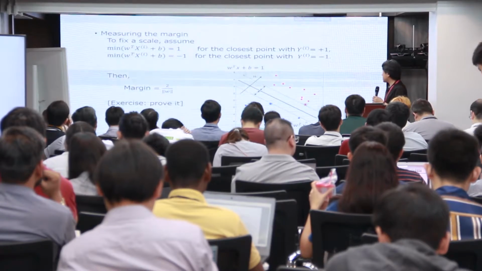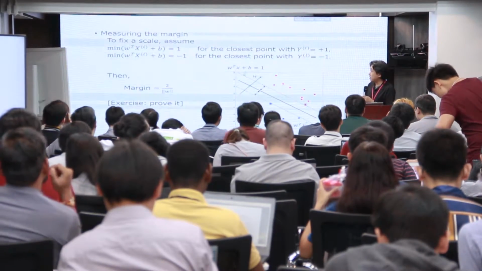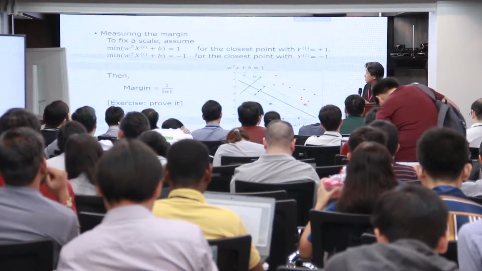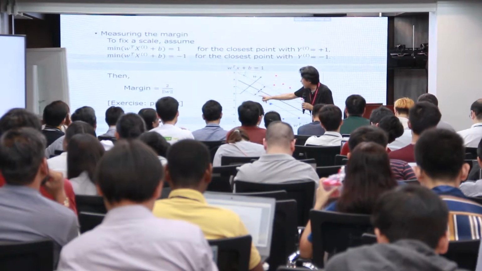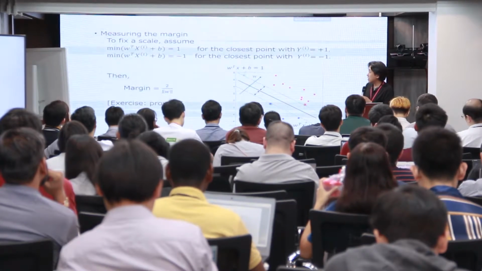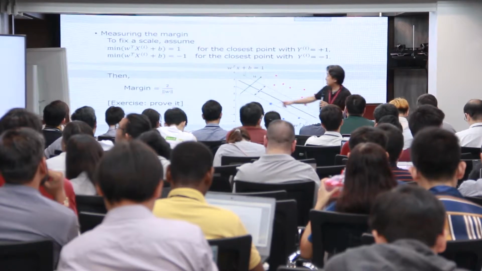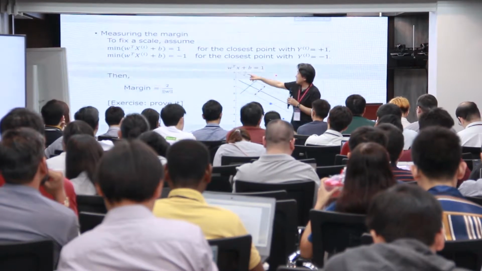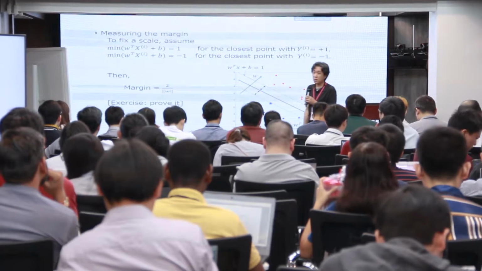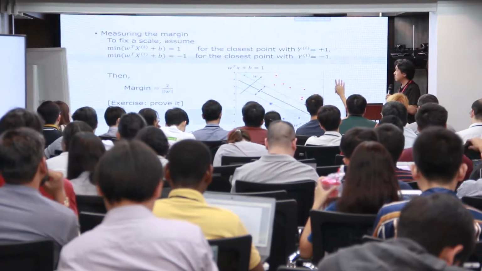If we fix the scale in this way, it is not difficult to see that the distance between these two hyperplanes is equal to 2 divided by the norm of w, where w is the weight vector defining the affine space.